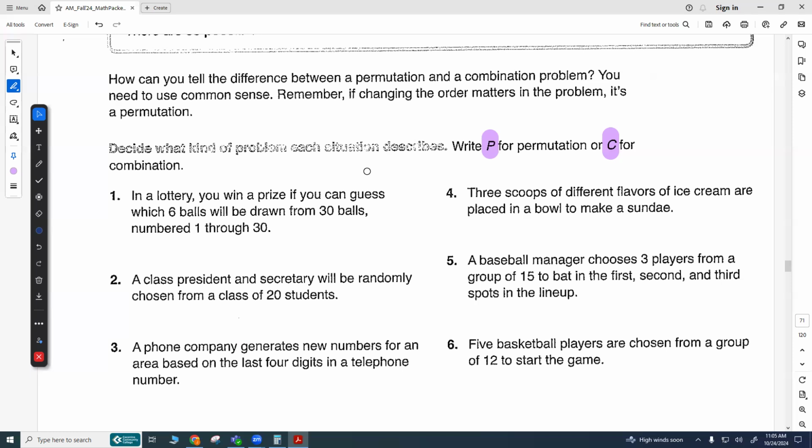And it would be pretty complex, because we'd have to do 30 times 29 times, and so on, 6 of those, and then divide by our 6 balls arranged. So this is a combination problem. Order doesn't matter.